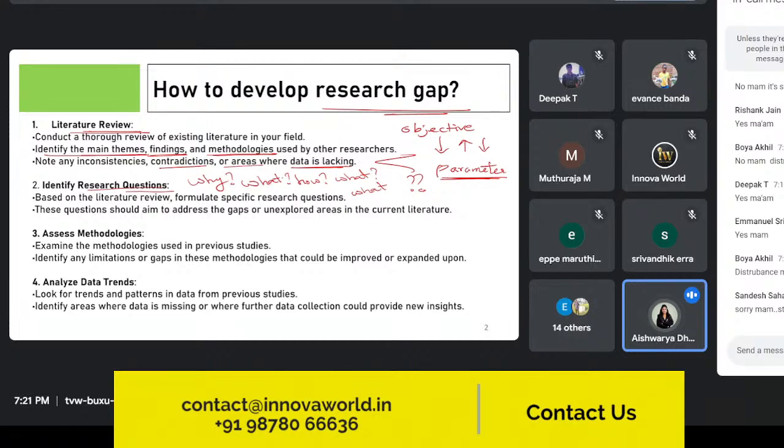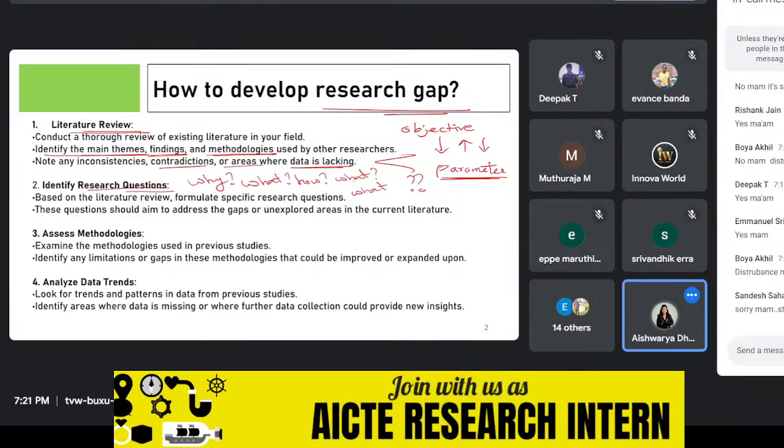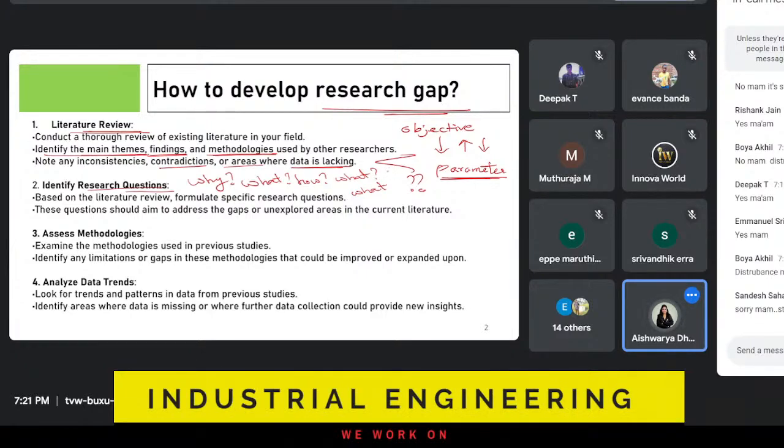Why am I working on this objective? What are the methodologies that I'm going to implement? What are the parameters I'm going to implement, or how am I going to proceed with this work? What is the possible outcome or result, and what will be the future implementation?